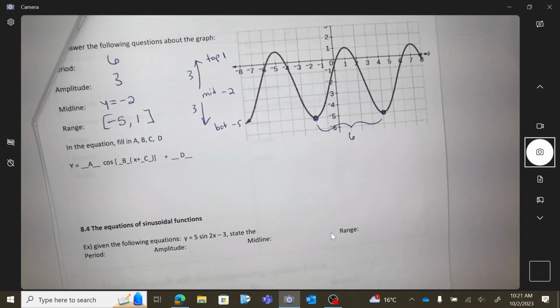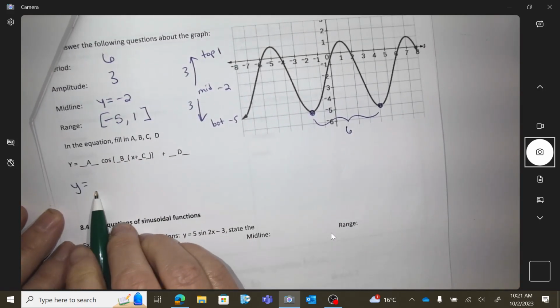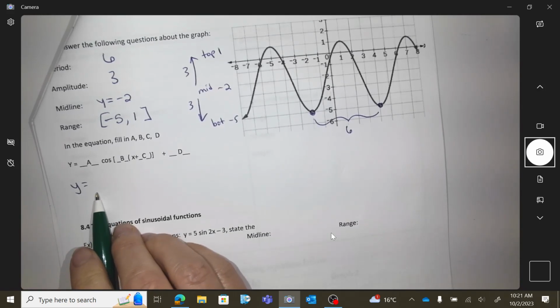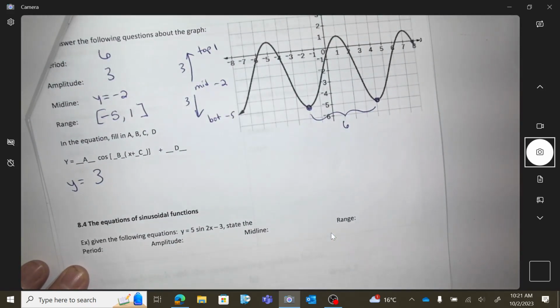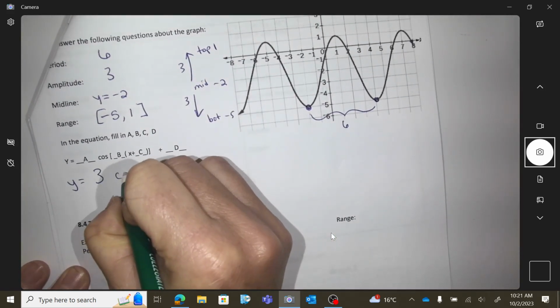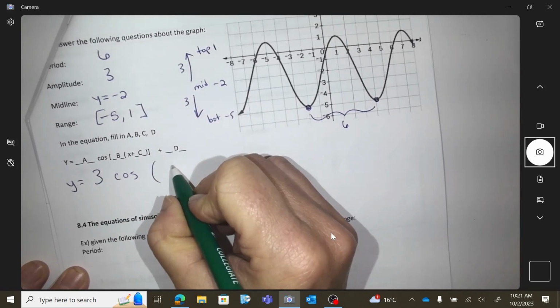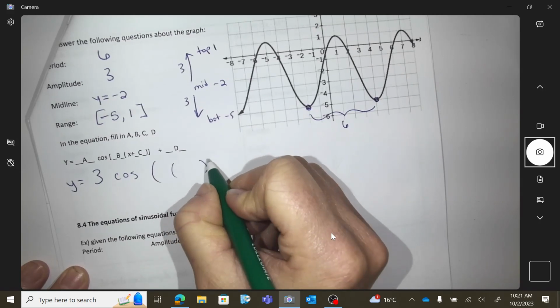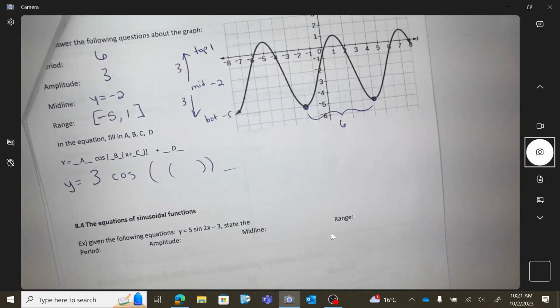Okay, so ready? What would you put in the front multiplier spot here? Which number would go into front multiplying? 3 is the multiplier. The heights got multiplied. Cos. What number goes at the end?